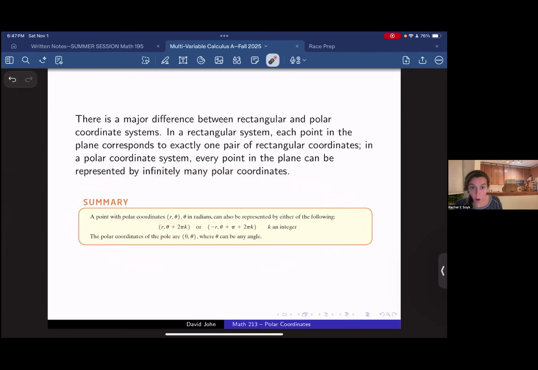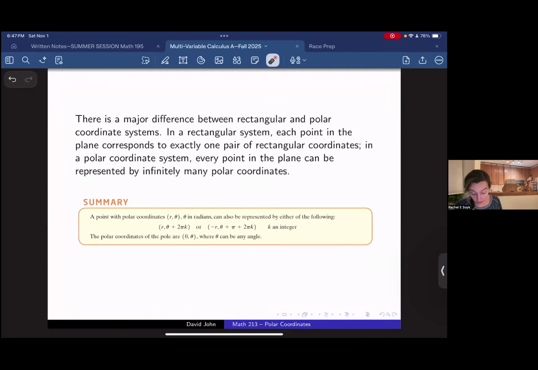Polar coordinates are r comma theta. When we're dealing with our coterminal angles, we have theta plus 2 pi k. And then obviously we want our k to be an integer, because then it won't do the exact full rotation. Okay. All right.